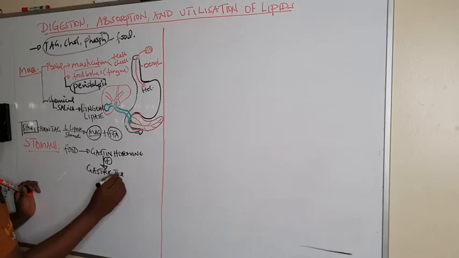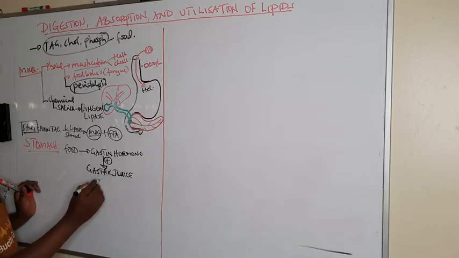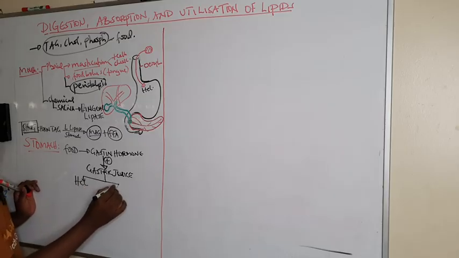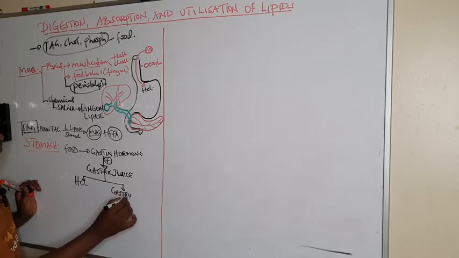This gastric juice contains substances like HCl, that is hydrochloric acid, and it contains an enzyme known as gastric lipase.